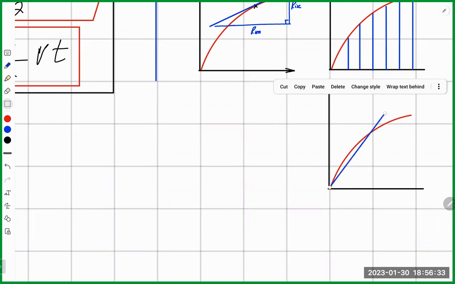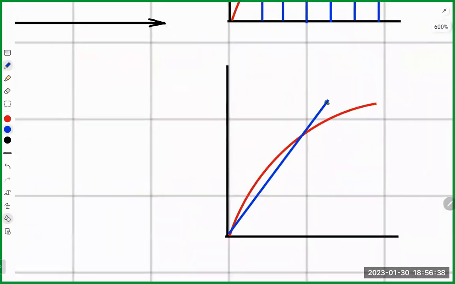This is just a decision made by your eye. This is the area that is not under the graph, but you're adding it. That is a plus error. And this is the area that you're ignoring. That is area under the graph, but you are not considering it. So that is a negative error.